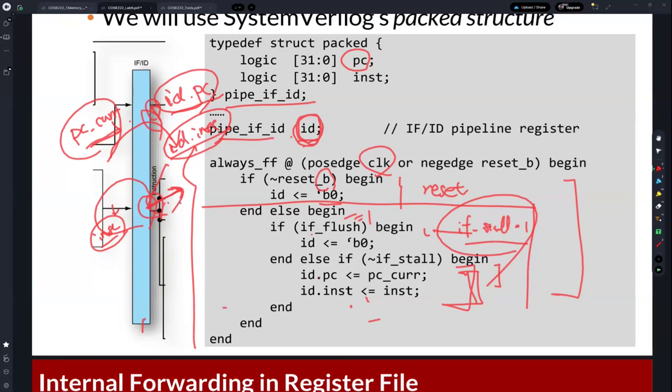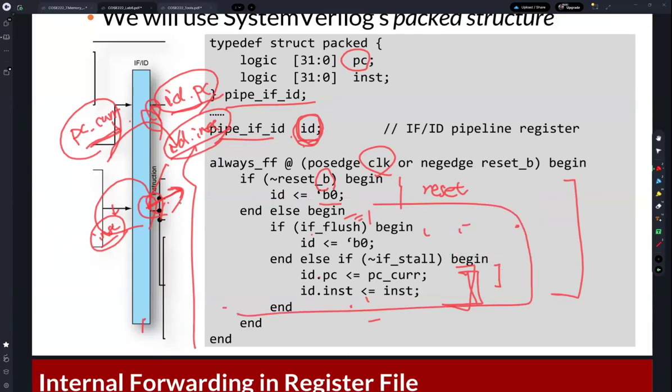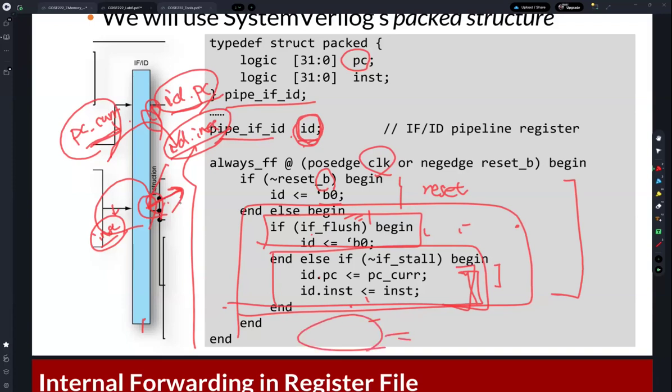So actually it means the pipeline stall is also implemented in this code, okay? I define the behavior of flush, define the behavior of the normal case, and then pipeline stall is just maintained. Okay, it's not defined, but it's implemented.